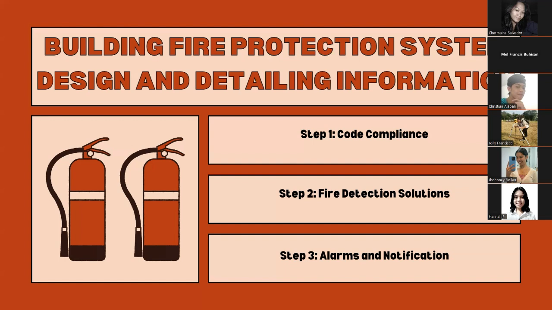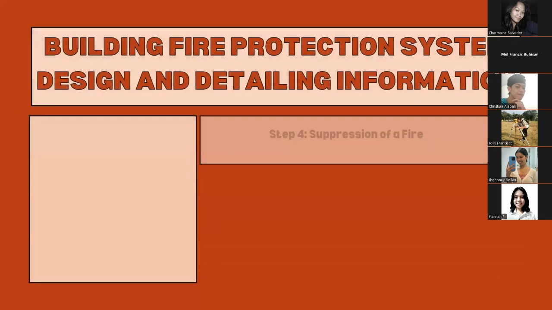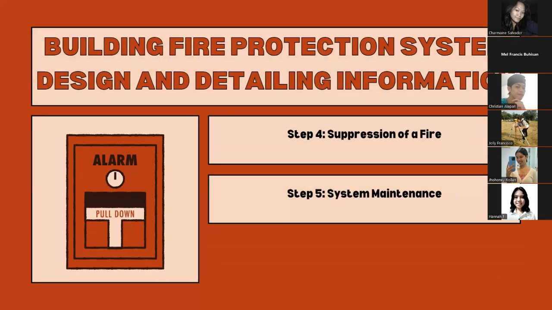And lastly, I mean step 4, suppression of a fire. Sprinkler systems are the most common fire suppression tool. So sprinkler, of course, from what the previous reporter said about sprinklers, is the type with a store of water. So this sprinkler system is a crucial part of the suppression system design.